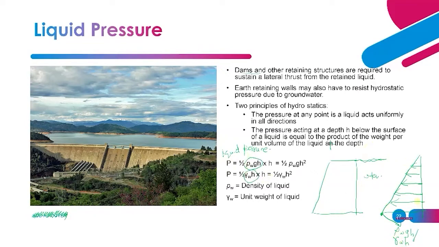Because this is a triangle. You calculate the area: half times density of water times gravitational acceleration times H, and this is H, that's why times H. Like calculating an area, half times base times height. In the formula, you can choose whether to use density or unit weight of liquid. You know that to convert to unit weight, it is density times gravitational acceleration. Therefore, when you calculate, your answer will be the same.